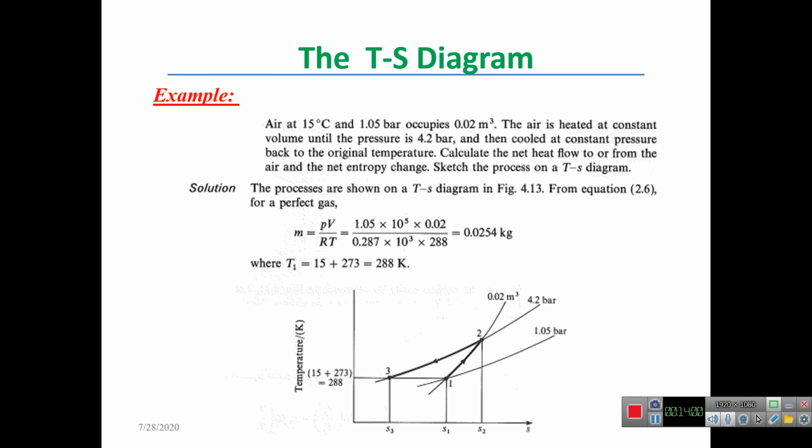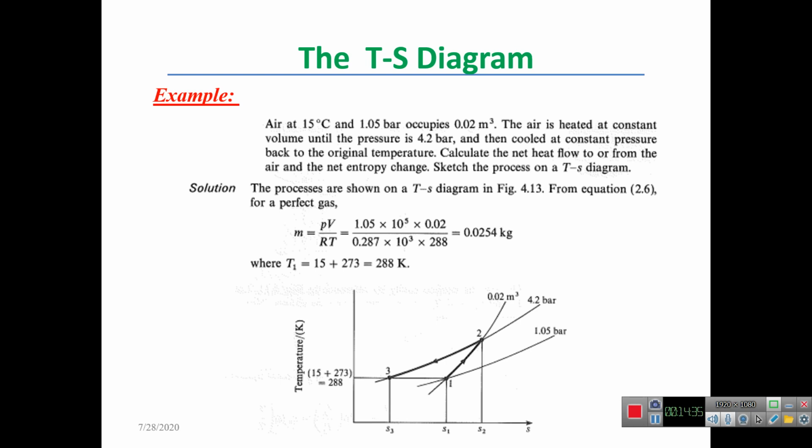So rearranging the characteristic gas equation, we have m is equal to PV over RT, or we can say m is equal to P1V1 divided by R into T1, which is equal to, now P1 is given as 1.05 bar. I also want to remind you that when you are substituting in equations, please remember to substitute with the basic units of the quantities which you are dealing with.